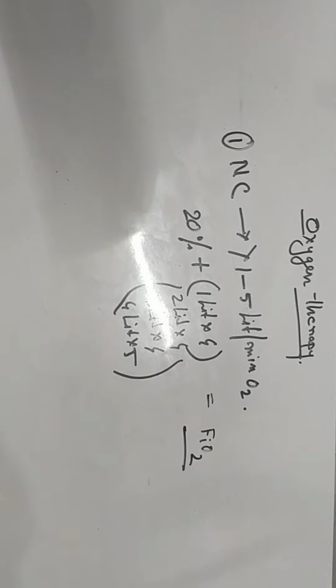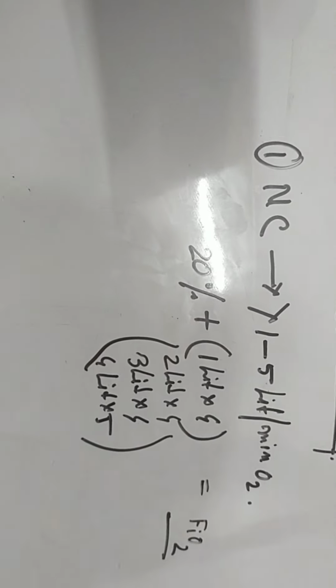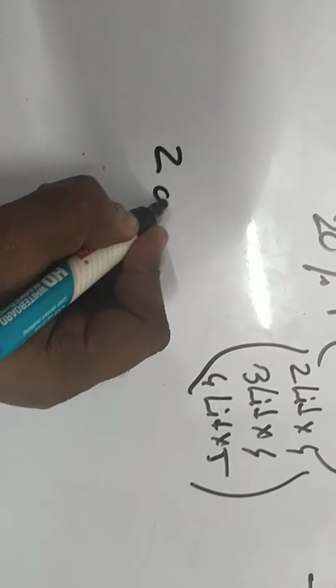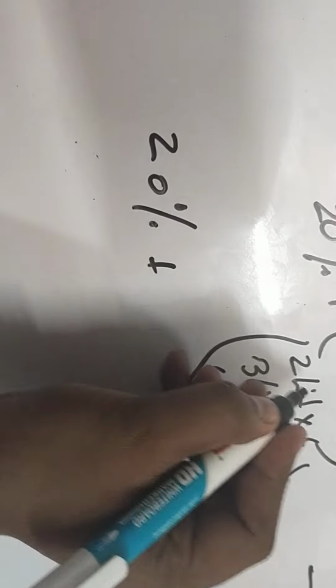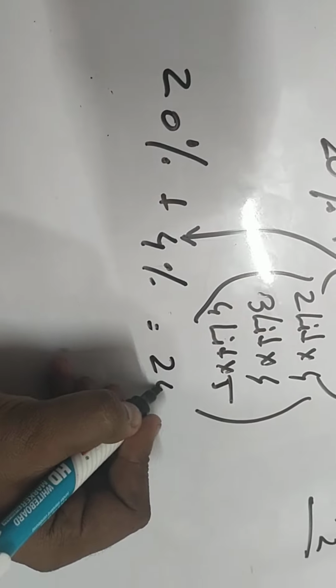This is FiO2 percentage. If you give 1 liter per minute oxygen through nasal cannula, it will calculate as 20% plus 1 times 4, 4%, so 24%.